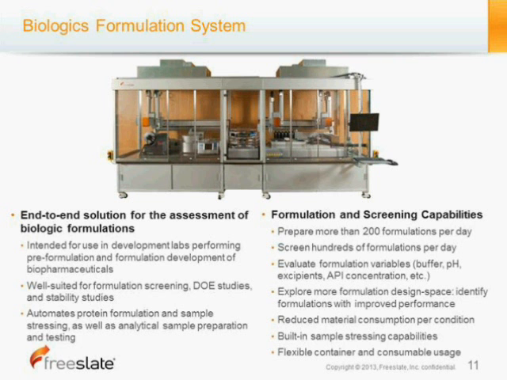It has two robotic systems separated by a carousel, and then it's all enclosed in a HEPA enclosure. And so this is basically intended to be used in development labs that are performing pre-formulation and formulation development of biopharmaceuticals, both platform and non-platform.